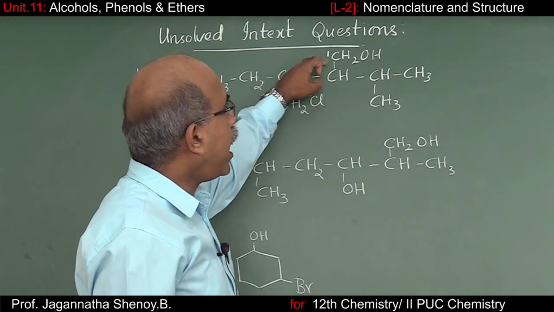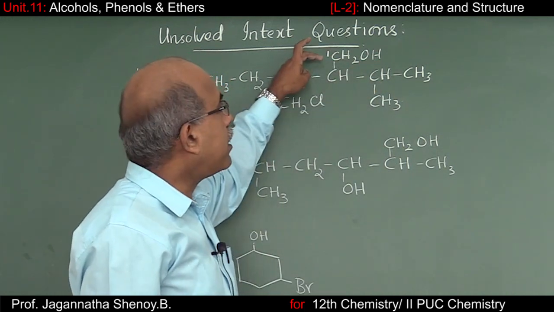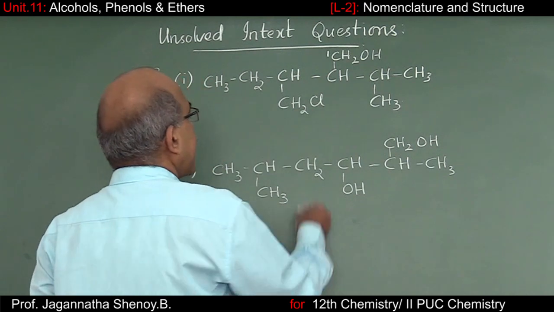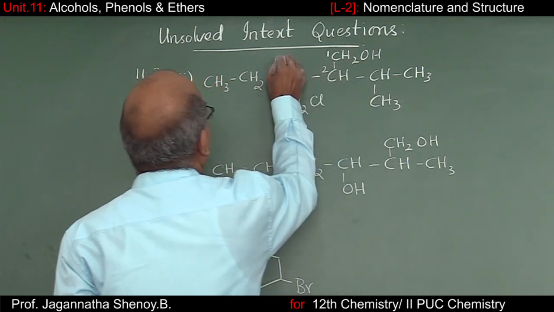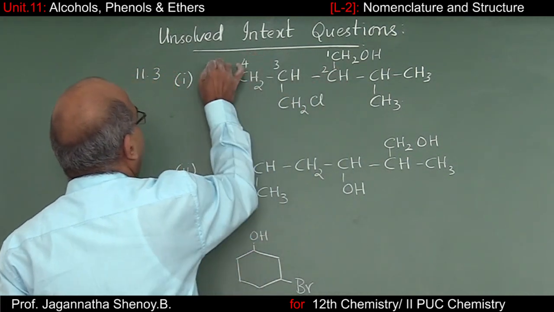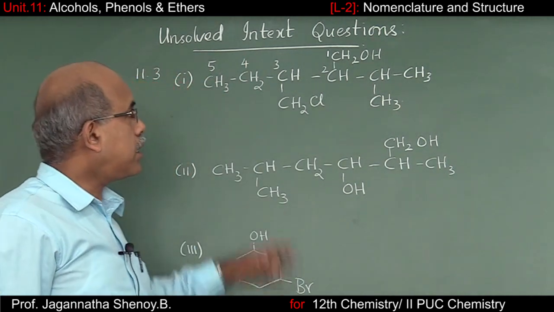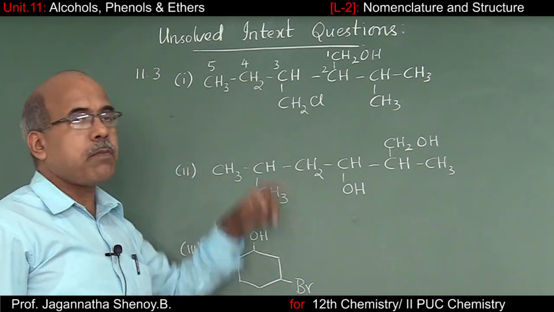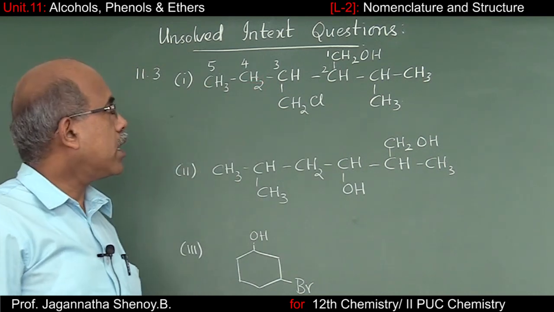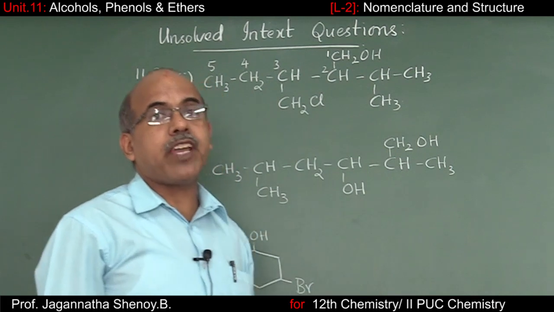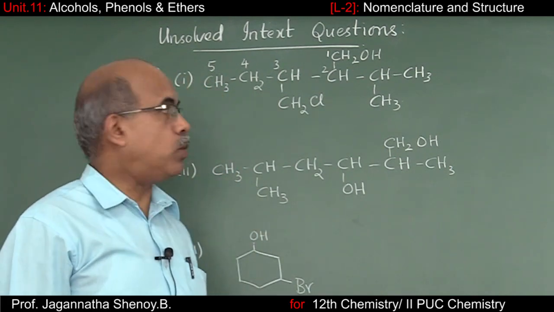That's why the carbon atom carrying the OH group should be given number 1. This has to be number 2. Here 3, 4 and 5. So if you consider the parent hydrocarbon, there should be 5 carbon atoms. And on the very first carbon atom we have the alcoholic functional group.